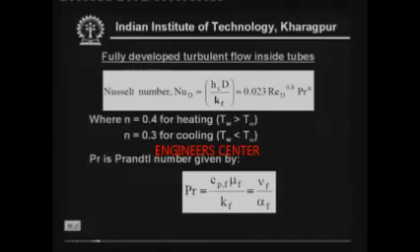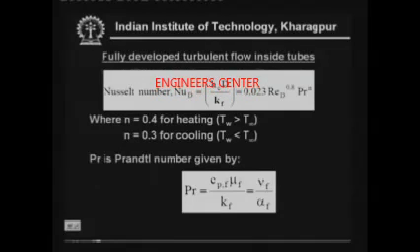And on the right hand side you have the Reynolds number Re, and also another dimensionless number known as the Prandtl number. Prandtl number Pr is Cp mu f by Kf. All the properties are those of the fluid, that is why the subscript f stands for fluid. So Prandtl number is Cp mu by K, which can also be written in terms of kinematic viscosity nu divided by the thermal diffusivity alpha.